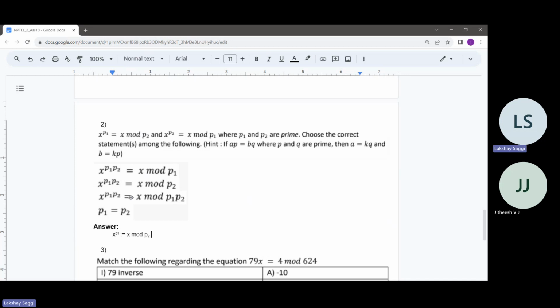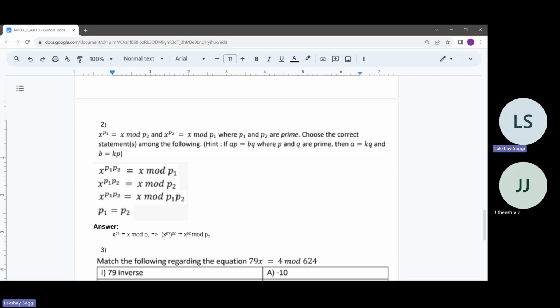This is given to us. Now what does this imply? If we raise both sides by the power of p2, you'll see why I'm doing this. We'll get x raised to the power p1, whole raised to the power p2, will be congruent to x raised to the power p2, because we have raised powers of p2 on both sides, and this will be mod p2.